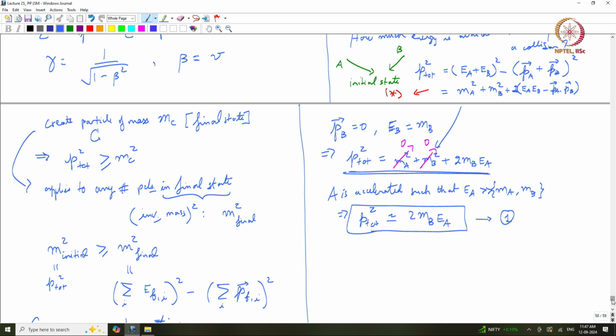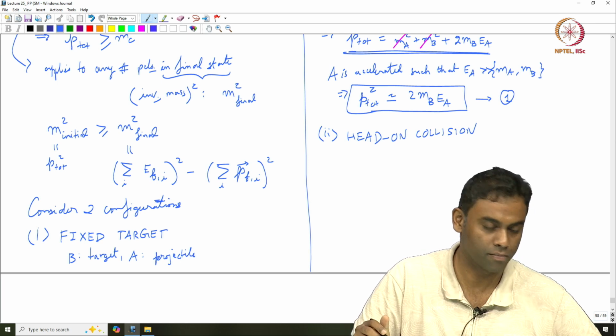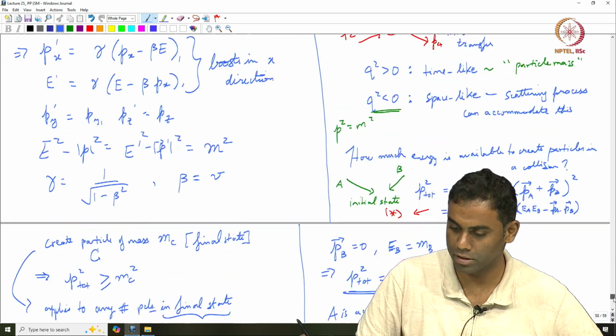Okay, because I want to compare this with yet another configuration which is a head on collision between the particles. Okay. Now, in this case I am going to make the lab frame the same as the center of momentum frame, or put differently I am just going to go to the center of momentum frame. Okay. Either way, however you want to think about it.